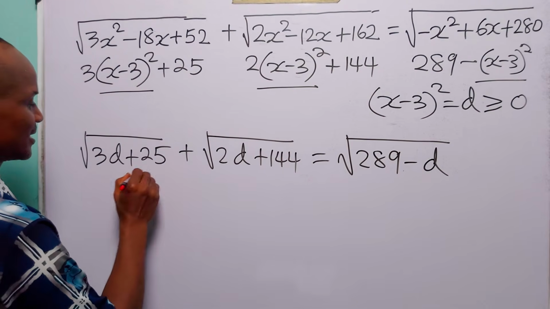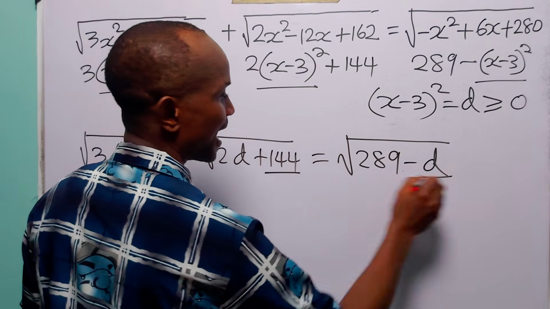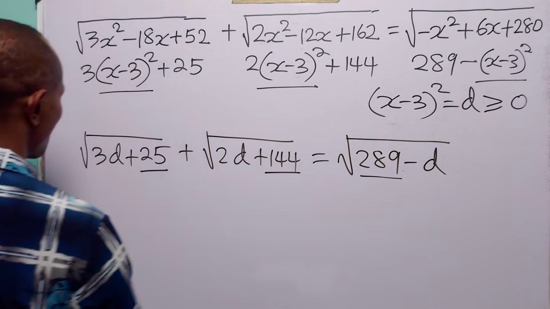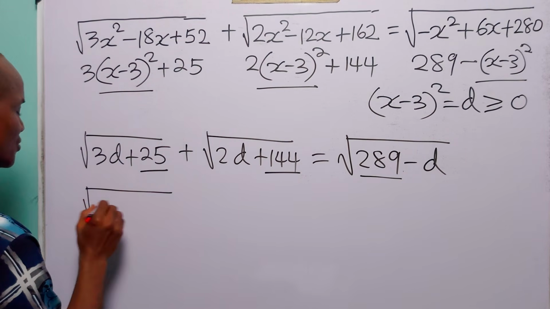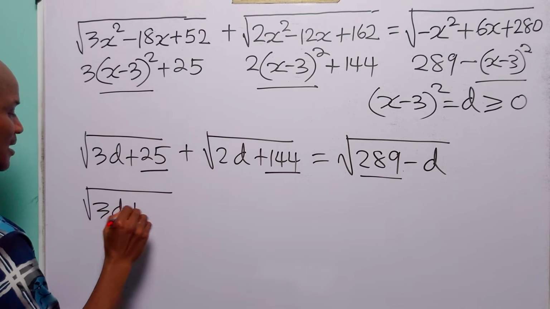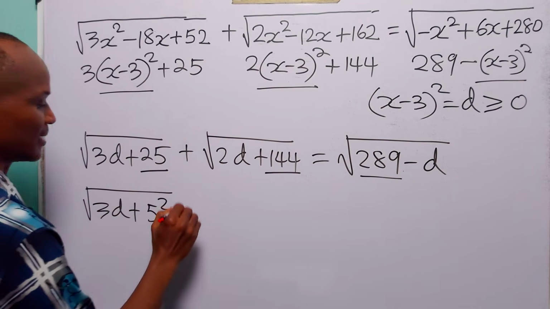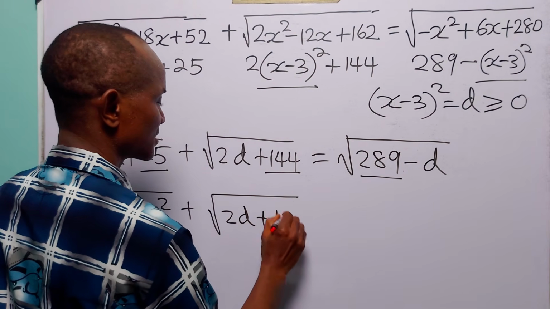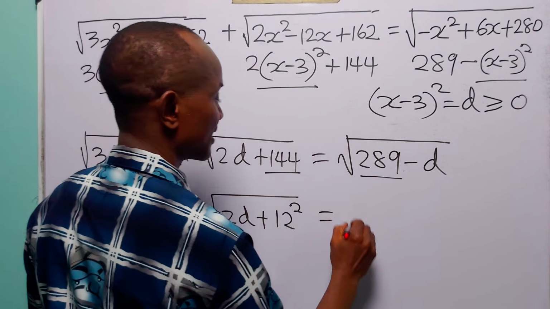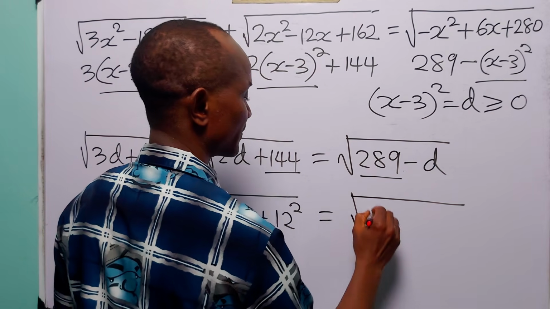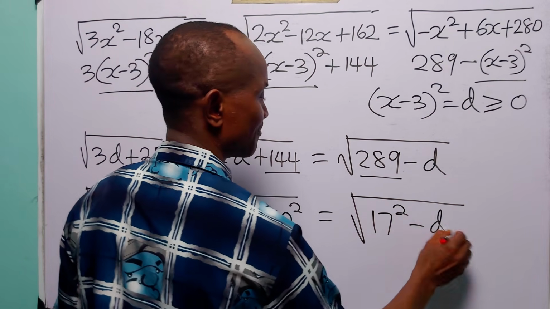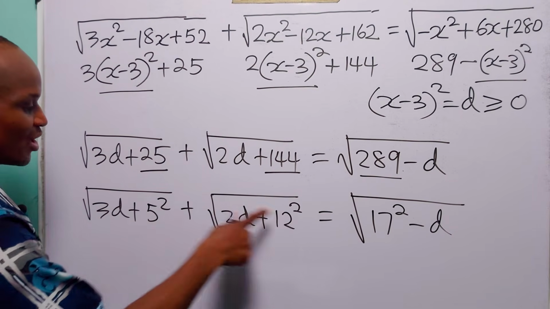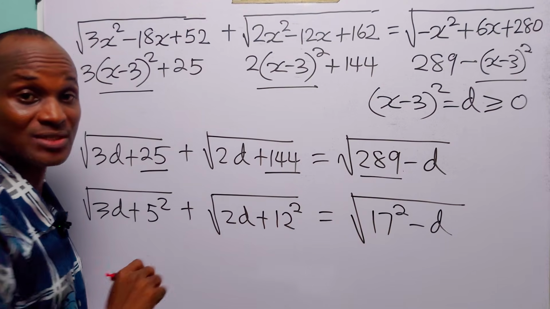Now, when you look at this equation, you will notice several things. The first thing is that these three numbers are all perfect squares. So we can write this as root 3d plus 5 squared plus root 2d plus 12 squared is equal to root 17 squared minus d. And now 5 plus 12 is equal to 17.